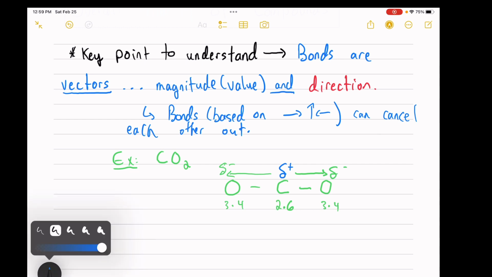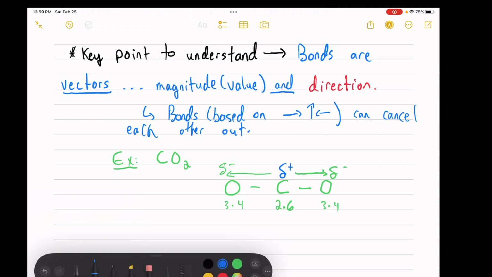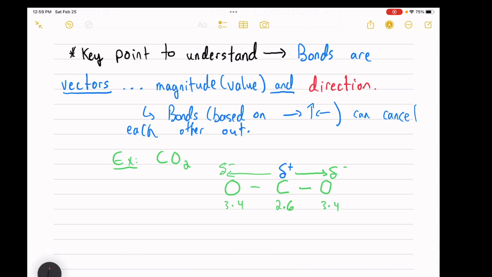Now, bond dipoles: the directions here, because we have, you could say, a value of 0.8 going this way, and then another value of 0.8 going this way, these bond dipoles would cancel each other out because they're in opposite directions.